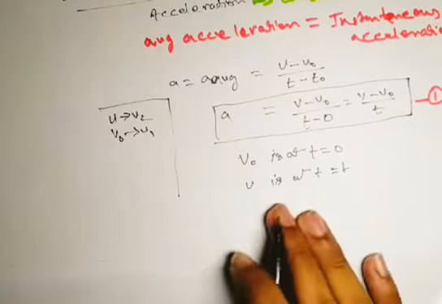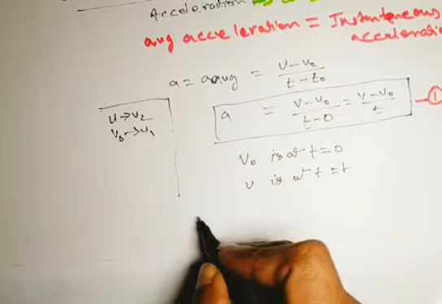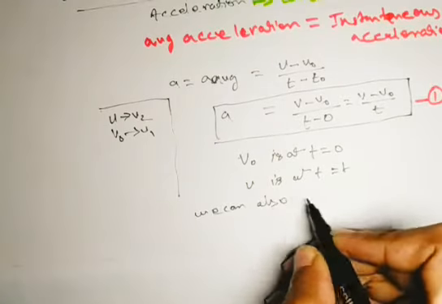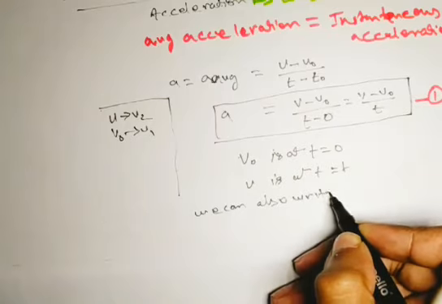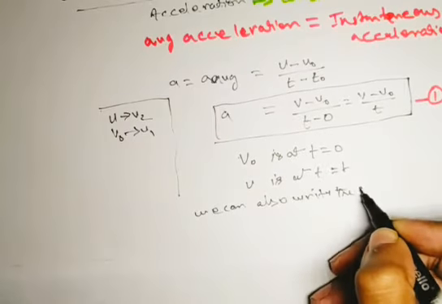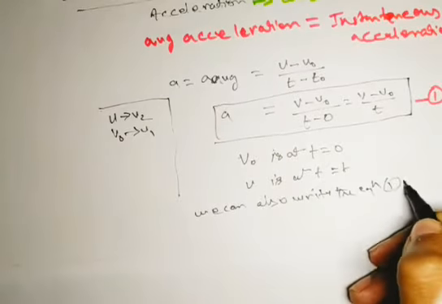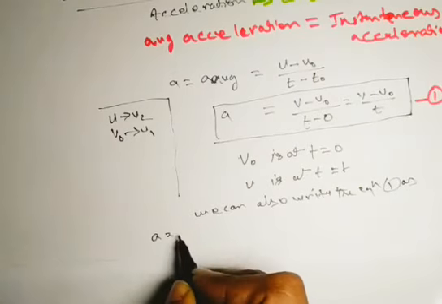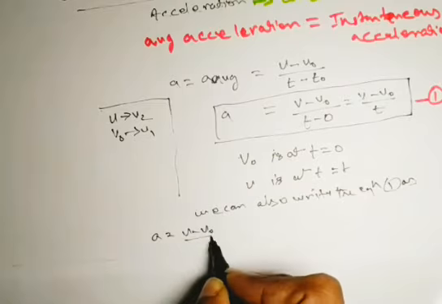So we can also write equation 1 as a equals v minus v naught upon t.